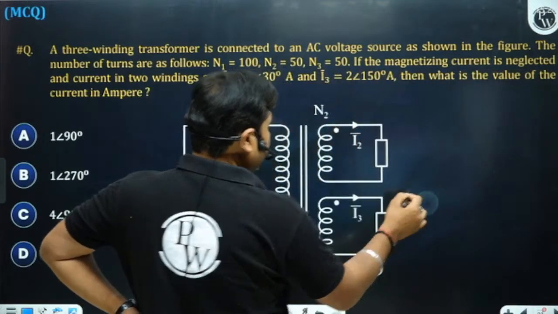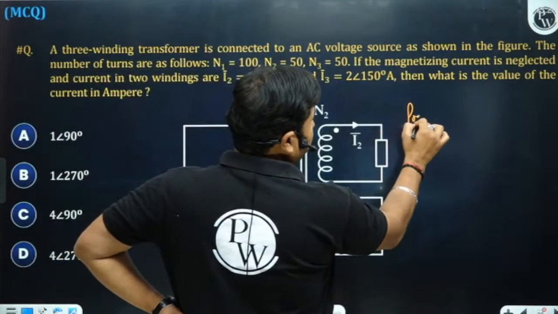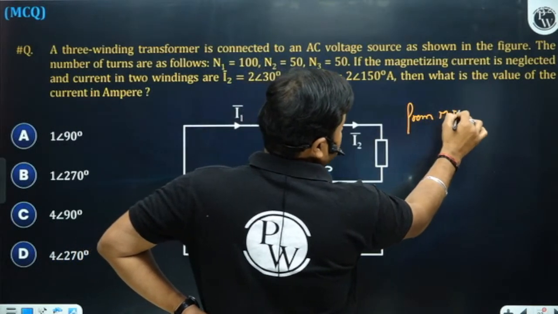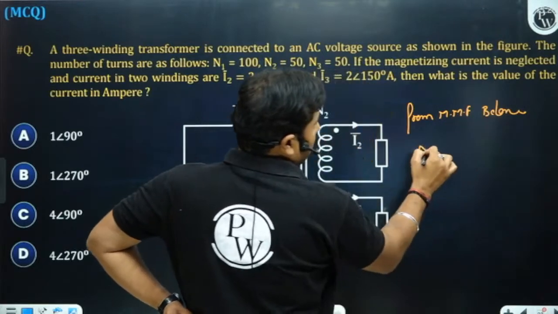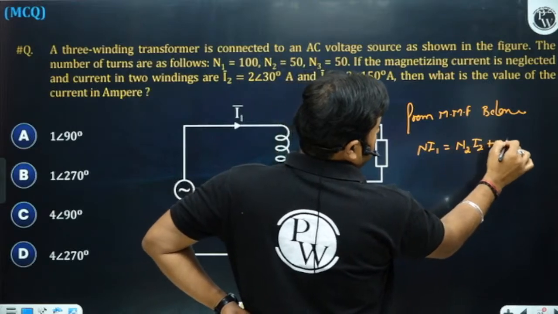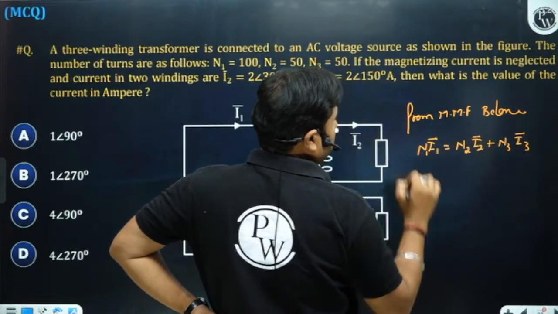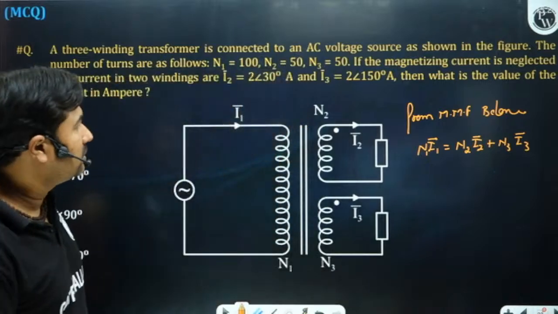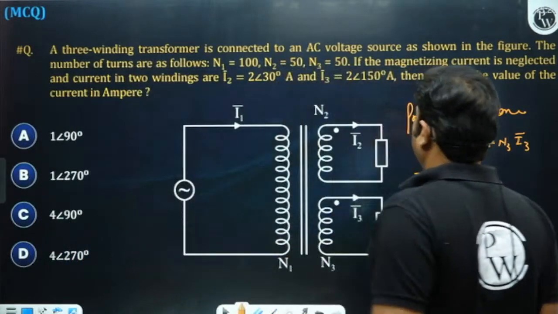Try everyone. See, from MMF balance, we all know N1 I1 is equal to N2 I2 plus N3 I3. So we need to find the primary current I1. N2 we have.